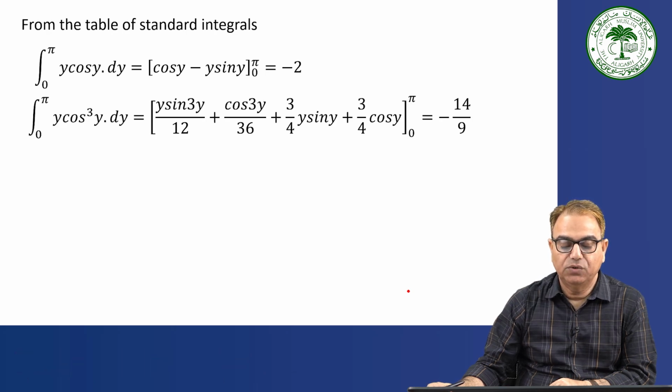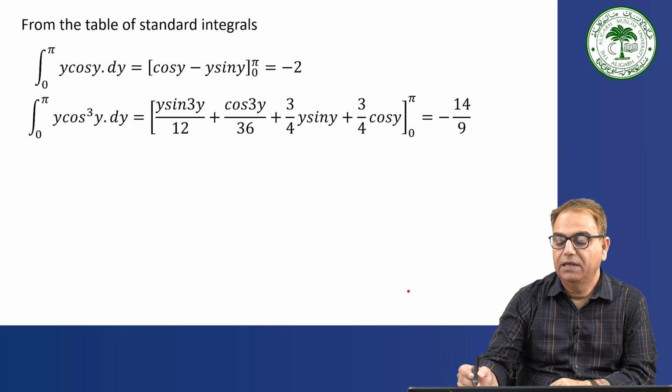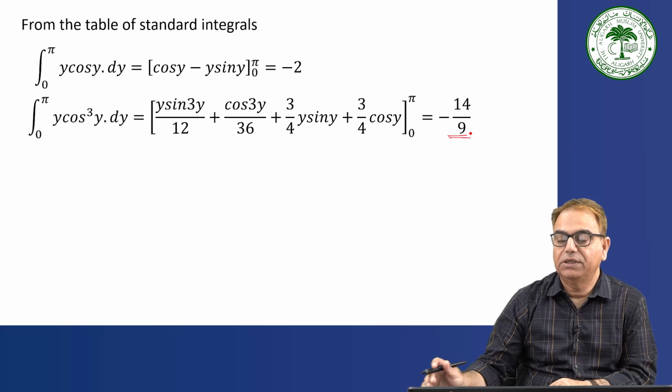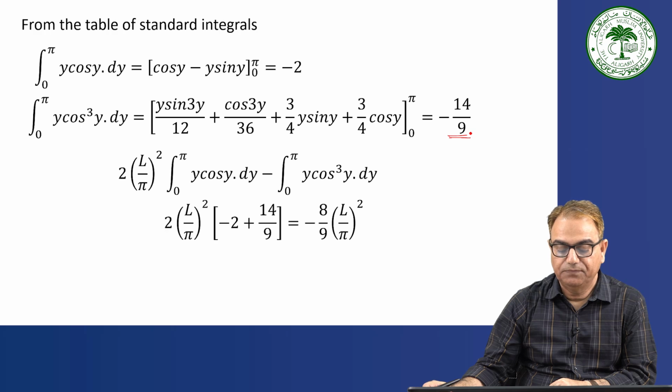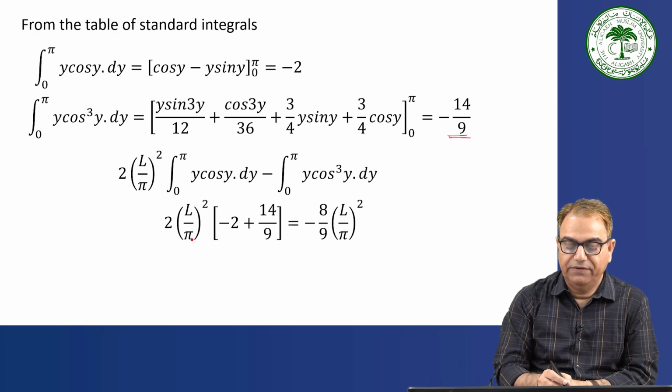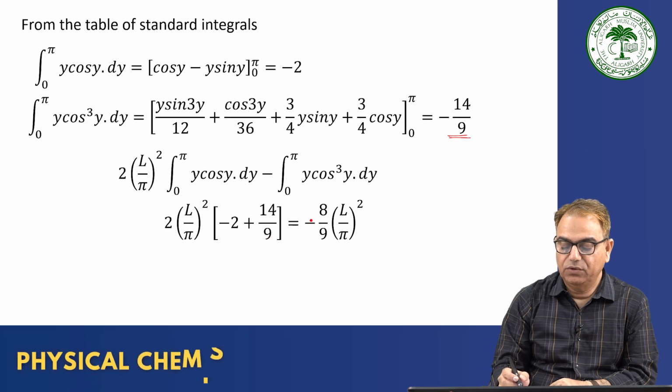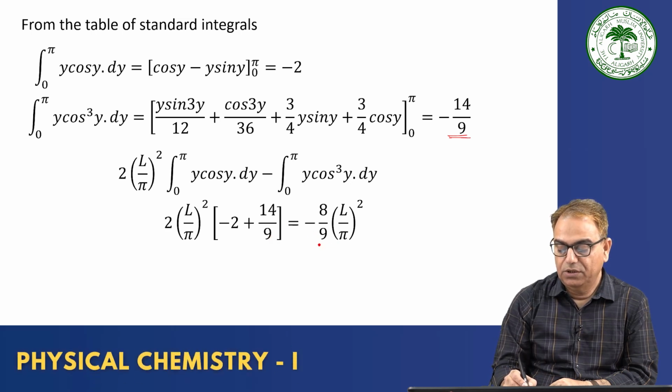And for the second integral y cos cube y dy, again you solve it from a standard integral, and what you get is minus 14 divided by 9. So if you put these values, 2 L divided by pi square minus 2 plus 14 divided by 9, what you get is minus 8 divided by 9 L by pi square.